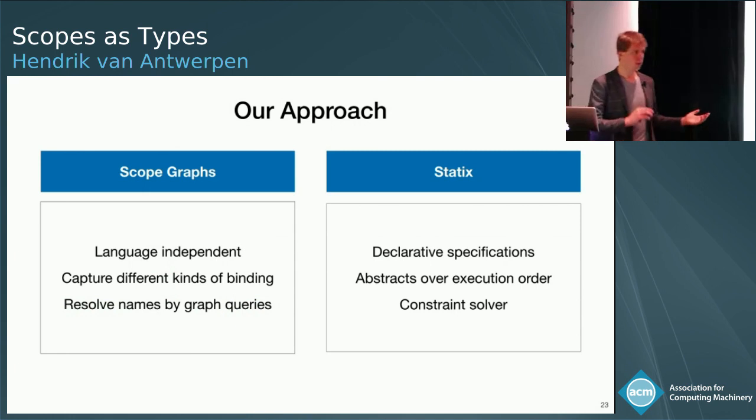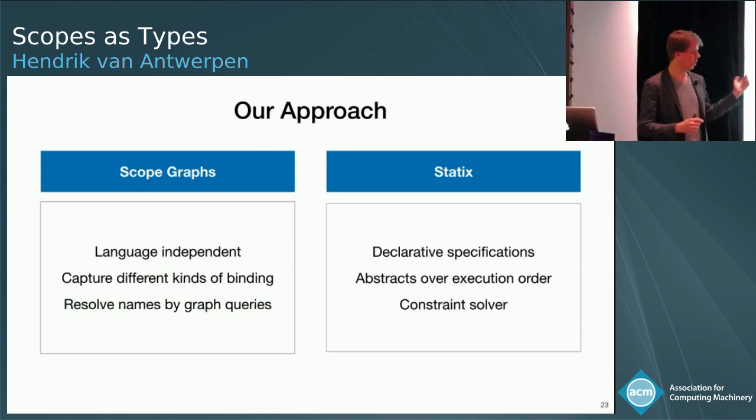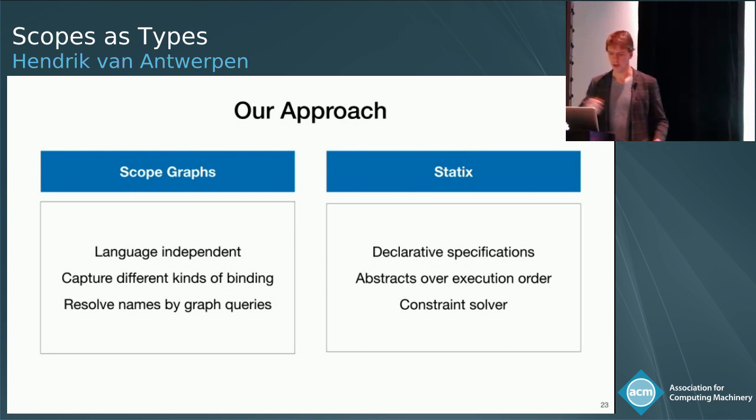So we had scope graphs. I told you about scope graphs as a language-independent representation of name binding. And now I've shown you Statix, where you can write these declarative rules based on this model to specify your type checker. And we have this execution mechanism to actually execute those specifications for your programs by using a constraint solver approach.